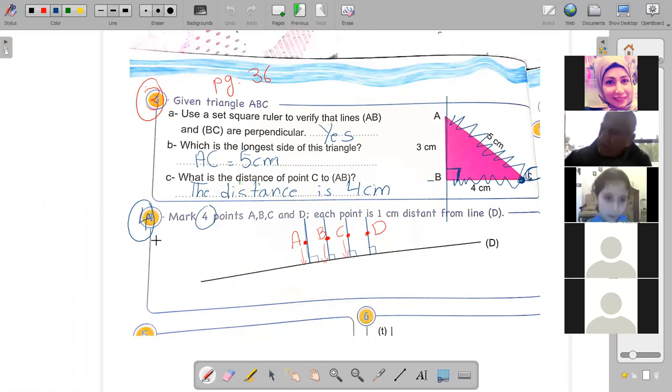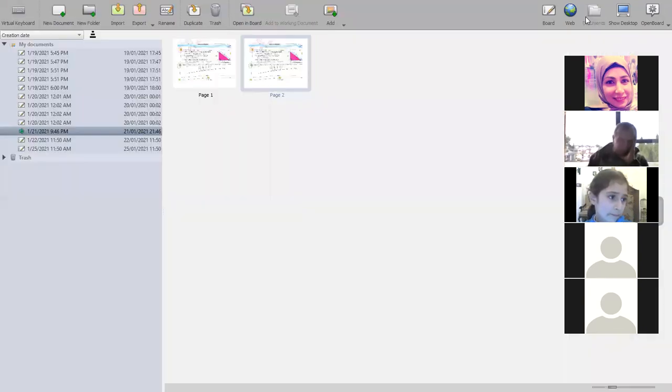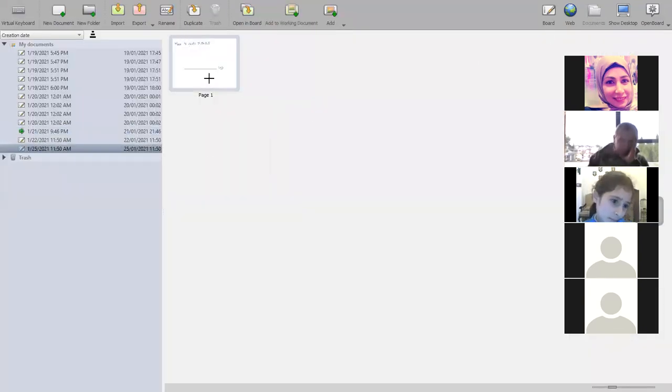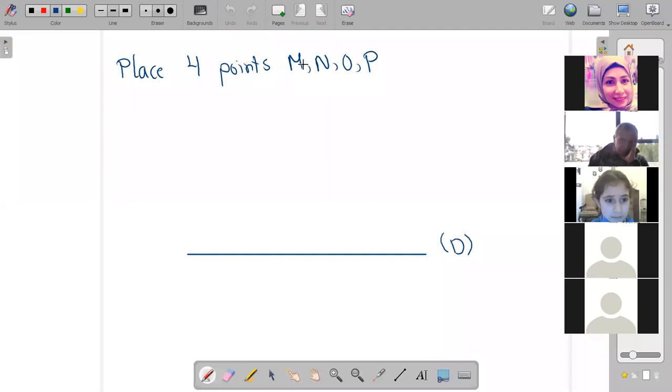Page 36, exercise 4, number 4. We will do today similar to exercise 4. It's an example. Place 4 points M, N, O, P at a distance 2 centimeters from the line D.